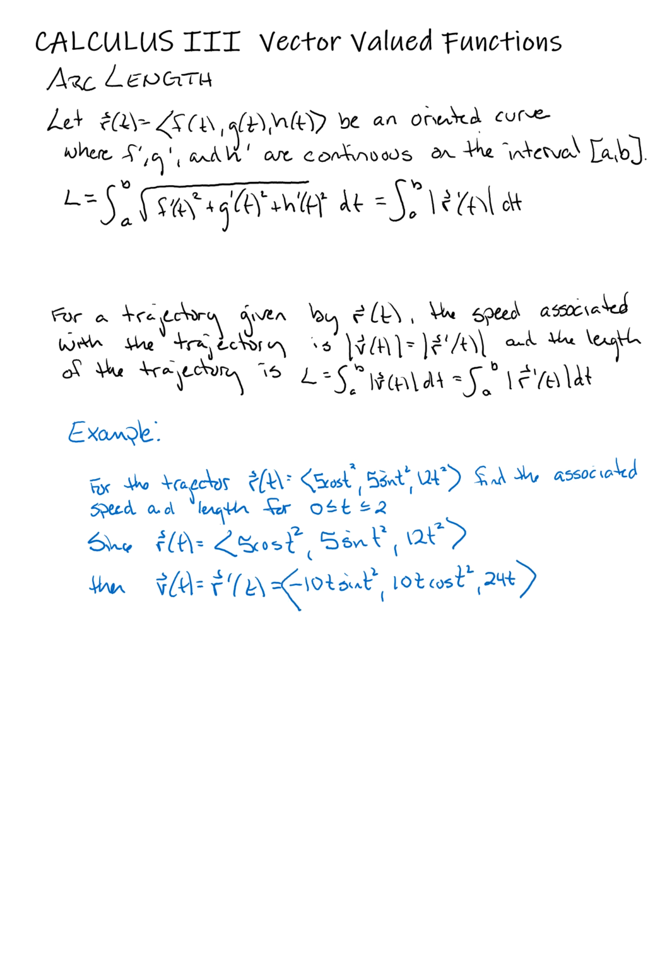Okay, so let's find the speed. That is simply the magnitude of vector v. So that means we're going to take the square root of the sum of the squares of each component.